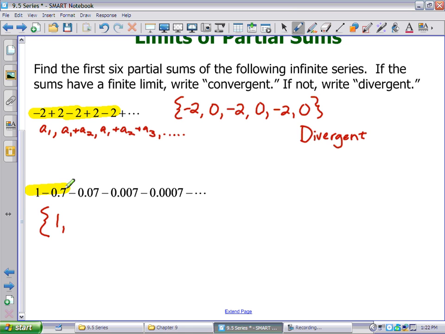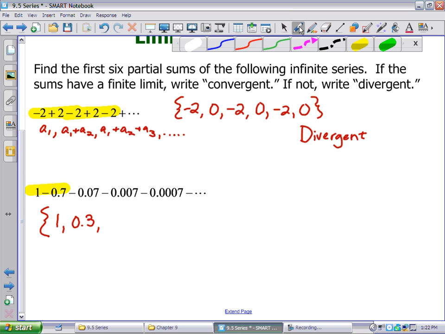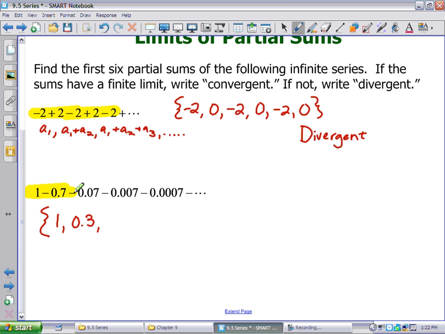So 1 plus negative 0.7. That's going to come out to be 0.3. My next partial sum is going to be 1 plus negative 0.7 plus negative 0.07. And that's going to come out to be 0.23.